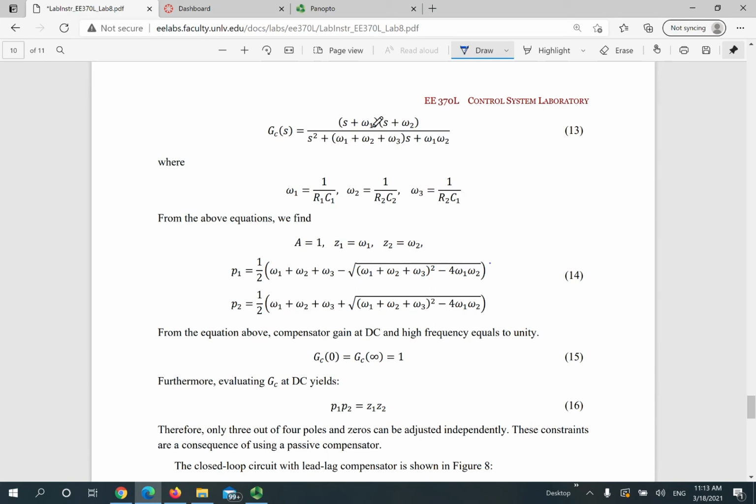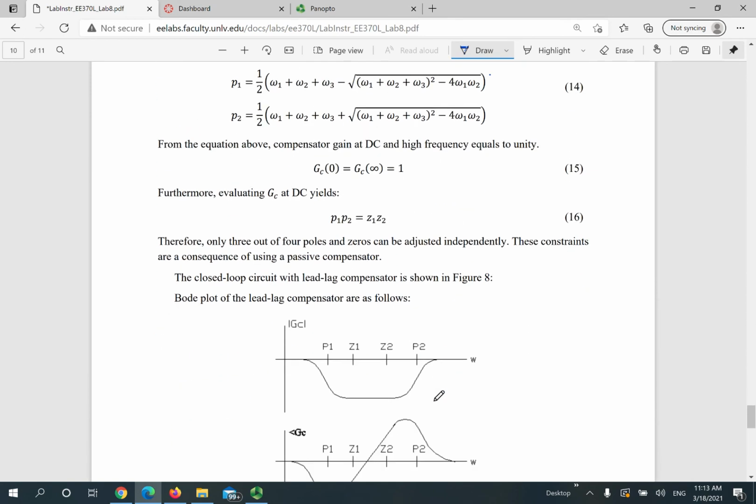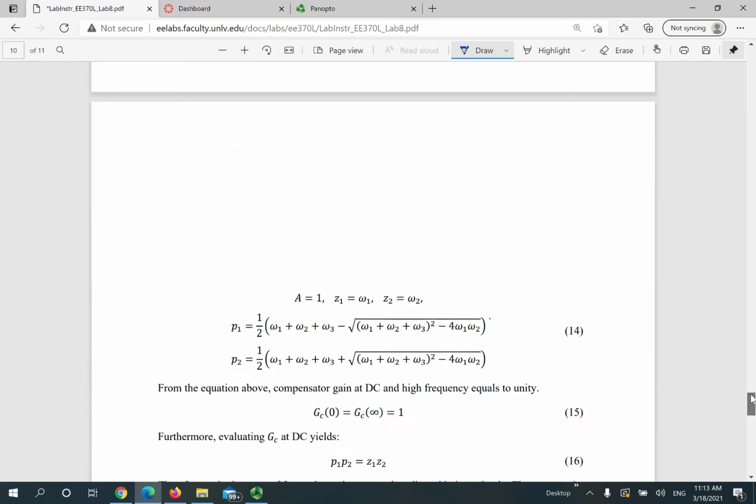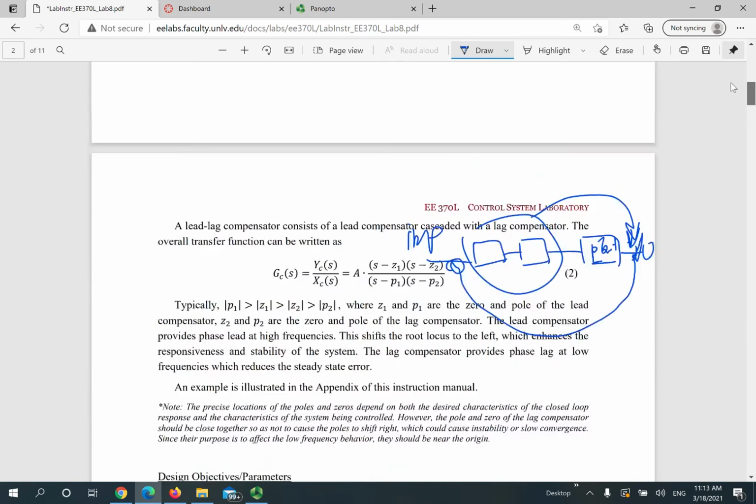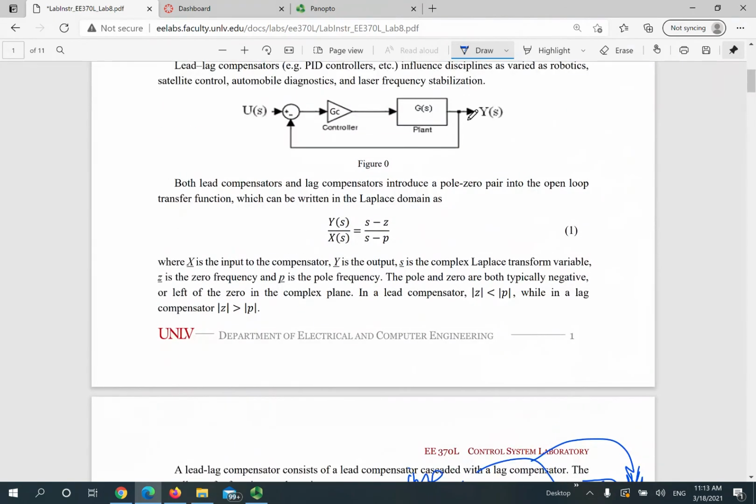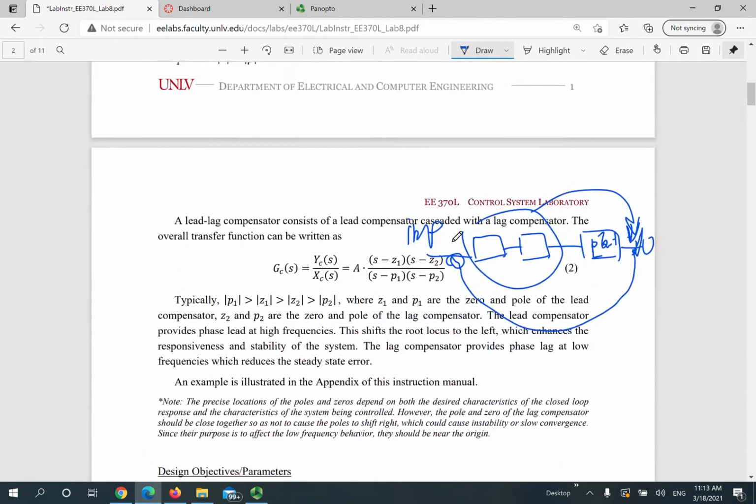And you will have the Z1 and Z2 like this. Alright. And then you have both Z1, Z2, and P1, P2, and then you can have the lead-lag compensator.